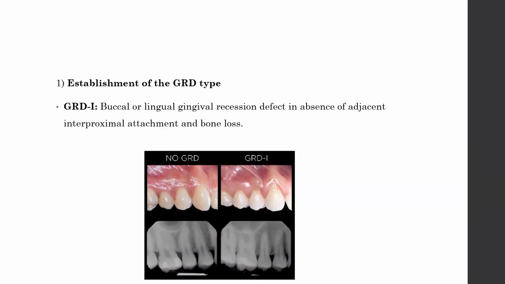They have classified the gingival recession defect into three categories, that is GRD1, GRD2 and GRD3. According to GRD1, the buccal or lingual gingival recession defect in absence of adjacent interproximal attachment and bone loss. Now, one more thing I would like to mention over here: establishment of GRD, that is gingival recession defect, has been done on the basis of three things. First is buccal or lingual attachment loss, clinical attachment level.